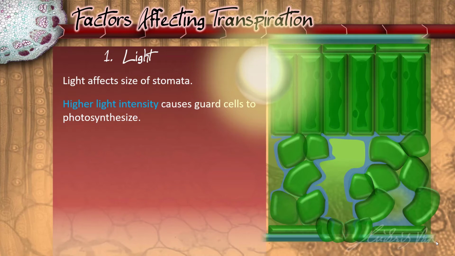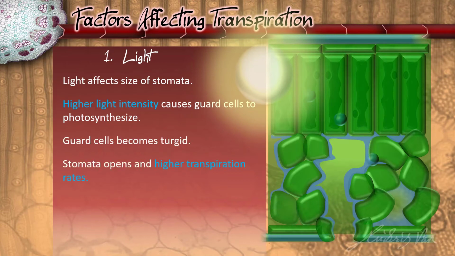So water molecules will move into the guard cells through osmosis, and this will cause the guard cells to become turgid, and the stomata will open as a result and increase the rate of transpiration, because you can imagine the opening is wider, therefore there's more space for the water vapor molecules to diffuse out from the leaf.